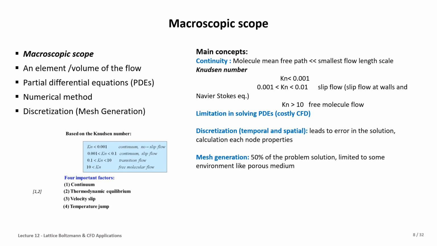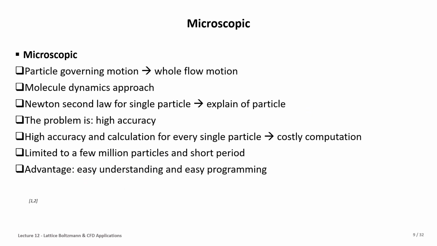So these limitations and obstacles make the macroscopic scope limited to some applications, and we are looking for other approaches and scopes to deal with problems not covered by the macroscopic scope.